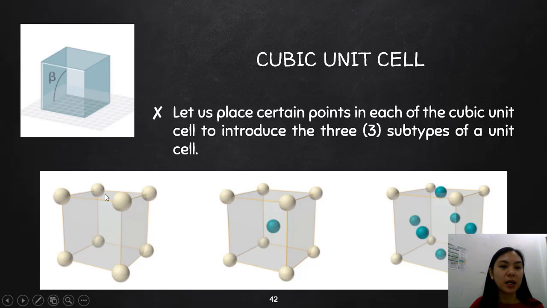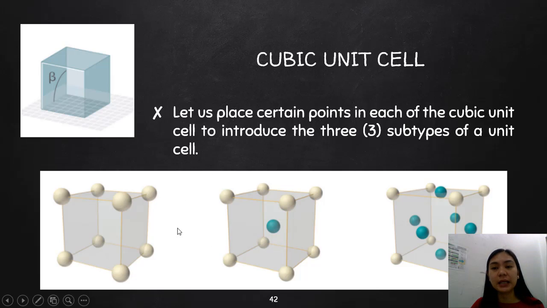Imagine maglalagay tayo ng parang, for simplicity, let's imagine that we will place an atom strategically on the edges of that particular unit cell. So it's represented by this particular figure. So this is what you call your simple cubic unit cell. Kasi yung atoms niya nandun lang sa, kumbaga, edges ng inyong cube.